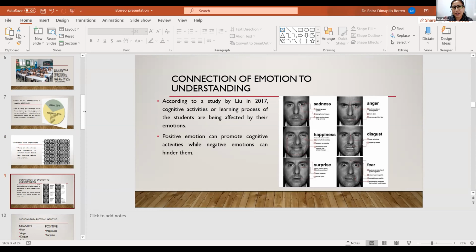If there are teachers here, it's really obvious that if the students are learning more, they're happy, they're more expressive. If they're not learning, they fear, they doubt, and most of the time become angry. So positive emotions can promote cognitive activities, while negative emotions can hinder them.